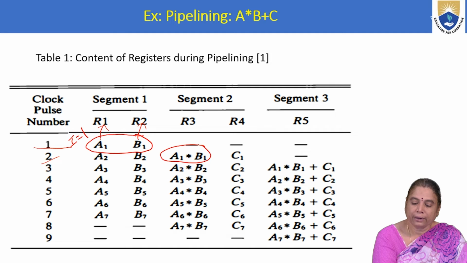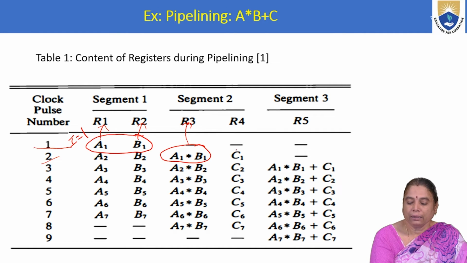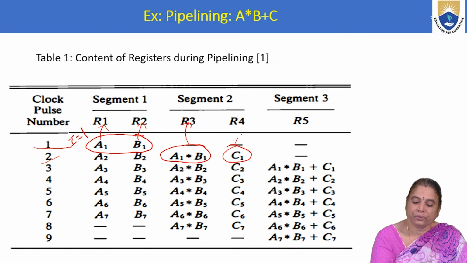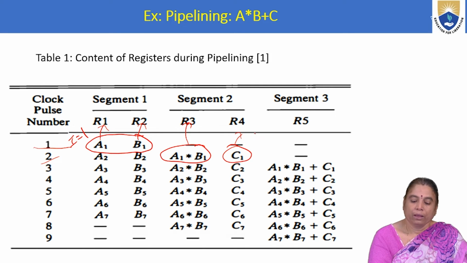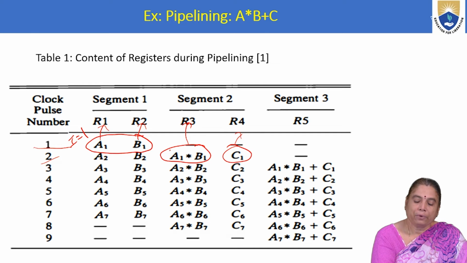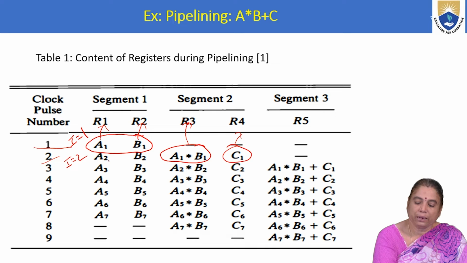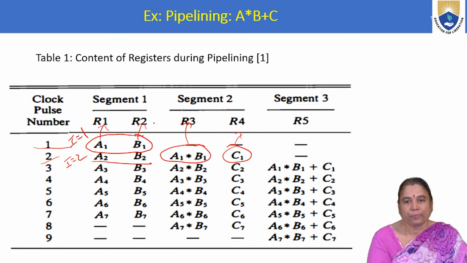There the product can be found and stored in R3. And at the same time, the third value can be loaded to the register R4. At the same time, concurrently, I value 2 instructions can be initiated and are stored in the registers R1 and R2 respectively.